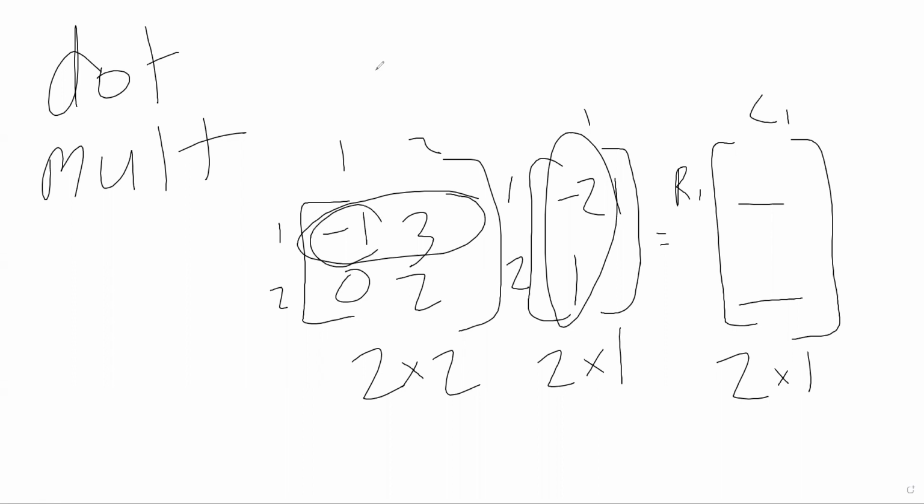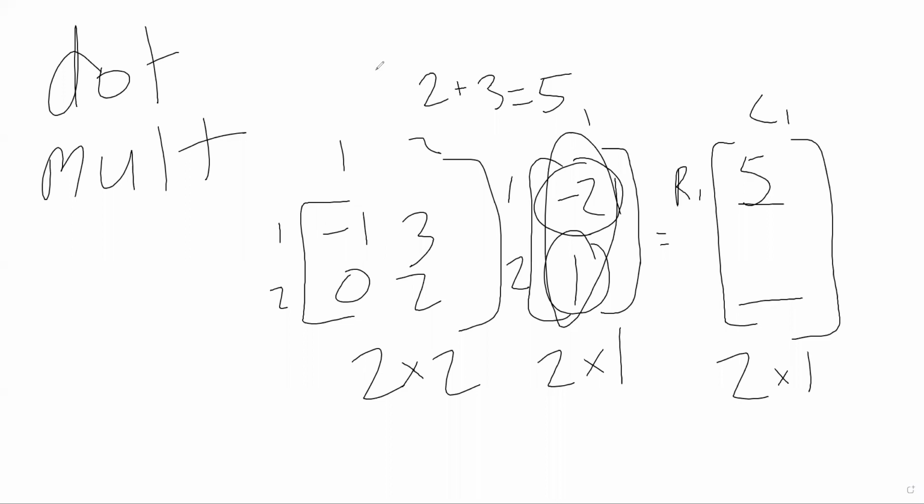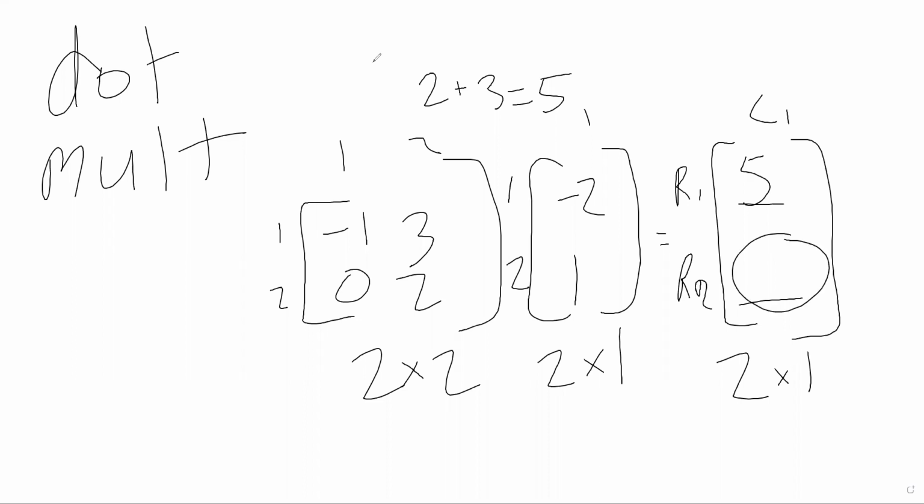So you multiply -1 times -2, and you get 2. And then you multiply 3 times 1, and you get 3, and you add them. So it's multiply, multiply, add. You get 5. Okay? So we know that our first answer is 5. We do the same thing for the next answer. We're looking for the answer in row 2, column 1.